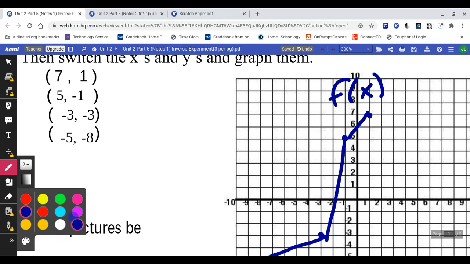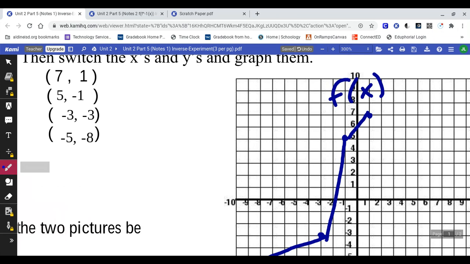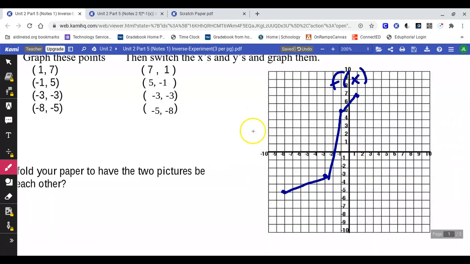So now I'm going to go ahead and graph my inverse function. So I'm going to graph these points over here. So I'm going to have 7 and 1. I'm going to have 5 and -1.